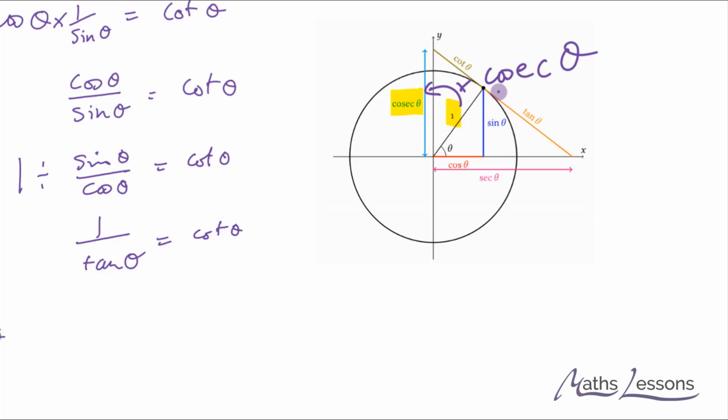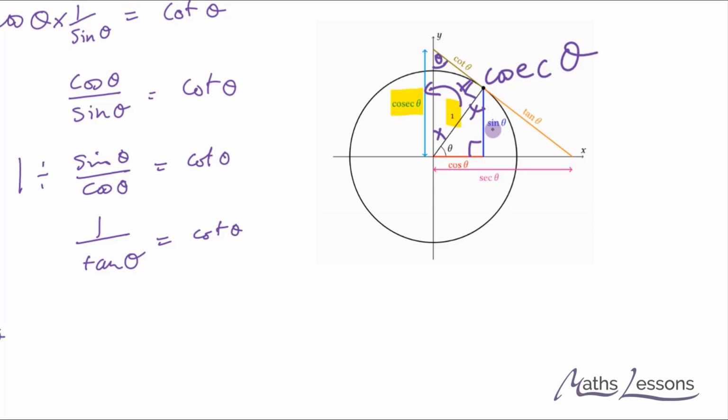Now we also can see that 1 is the base of this triangle with the right angle and the 90 minus theta angle. So where's the right angle and the 90 minus theta angle in this triangle? Well, there's the 90 minus theta angle there, and there's the right angle. This is my theta over here. So therefore the side between the 90 minus theta angle and the right angle is the side with sine theta, and that's going to correspond to 1.